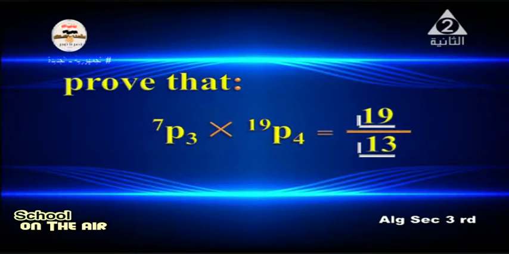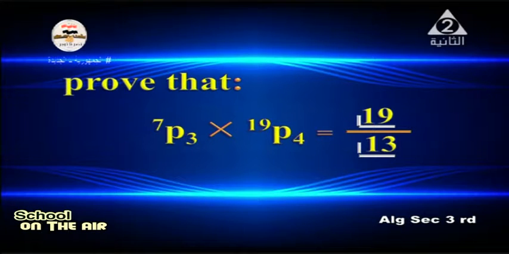Look at, my dear student, how to prove 7P3 times 19P4 equals factorial 19 over factorial 13. This is very important. When we want to find 7P3 times 19P4, we know 7P3 is factorial 7 over factorial 4 first. The second, 19P4 is factorial 19 over factorial difference between 19 and 4, or factorial 15.